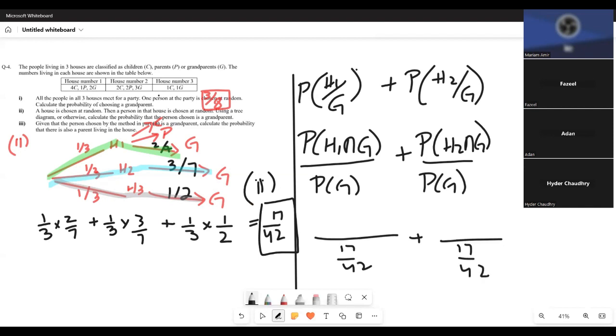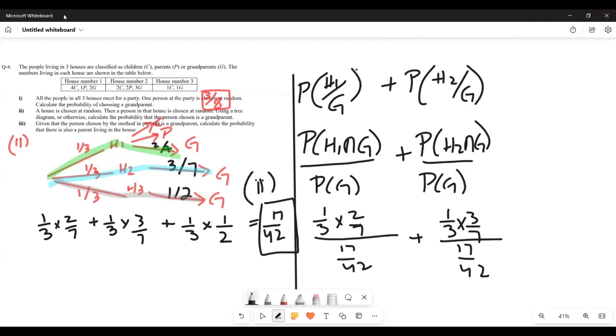Probability house 1 and grandparent हमने green में highlight किया हुआ है पहले, 1/3 times 2/7 plus probability of house 2 and grandparent would be 1/3 times 3/7. House 3 इसलिए नहीं लेना क्योंकि उसमें parent नहीं. So whatever is the answer of this is going to be the answer of this part, जो आता है 10/70.